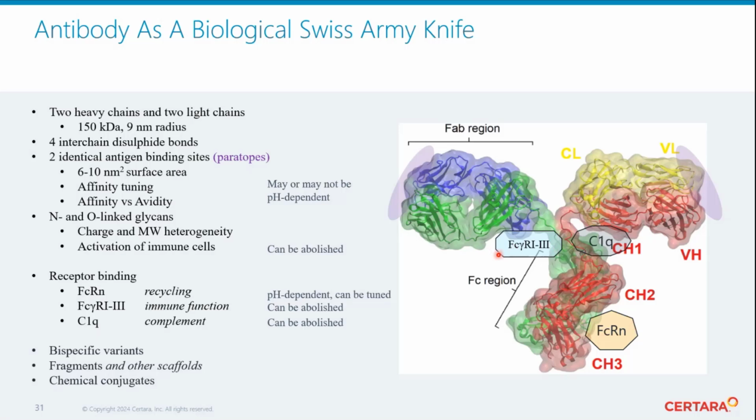It binds another family of receptors, Fc gamma receptors 1 to 3, in the hinge region, if it's an IgG isotype. It also binds complement, and I can't guarantee it might not bind something else still. So it's a very versatile molecule.